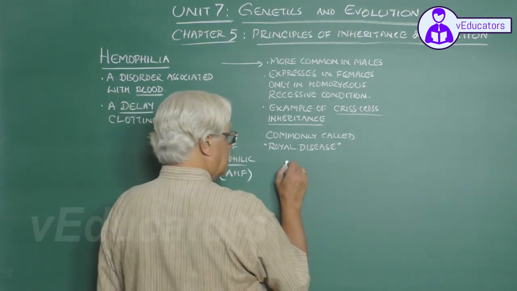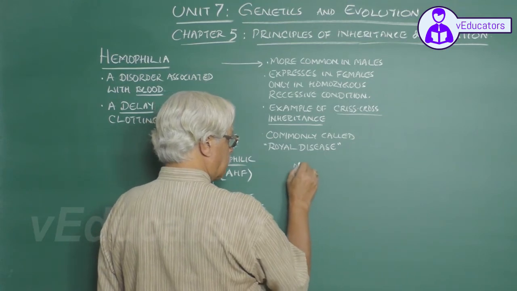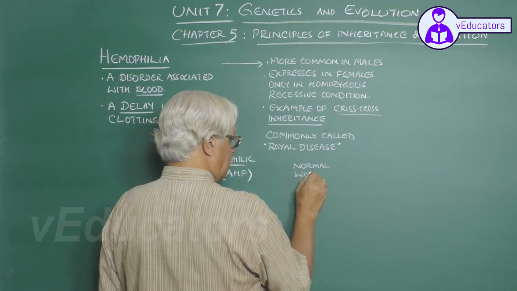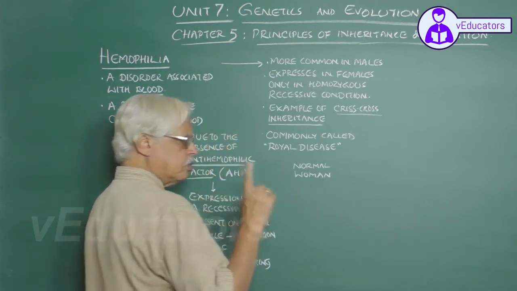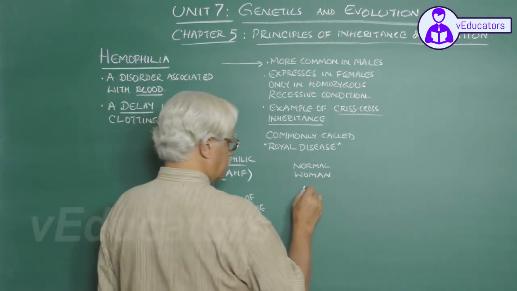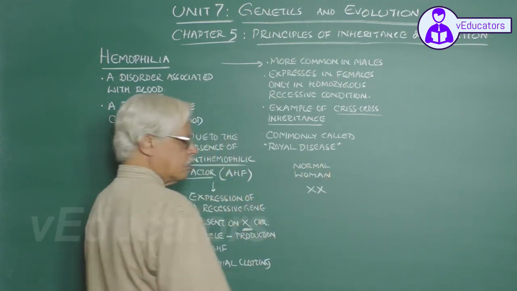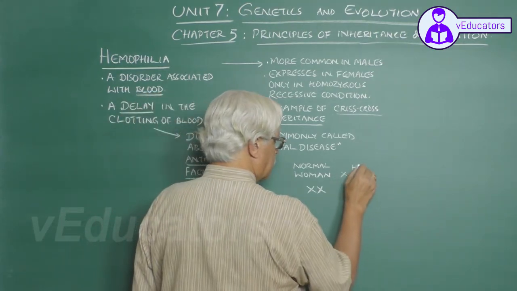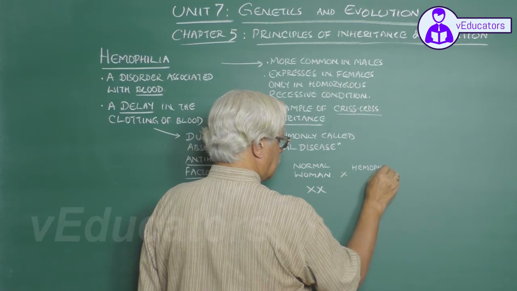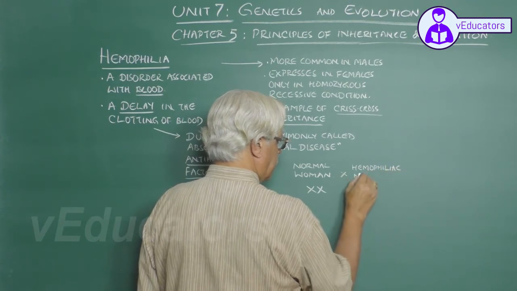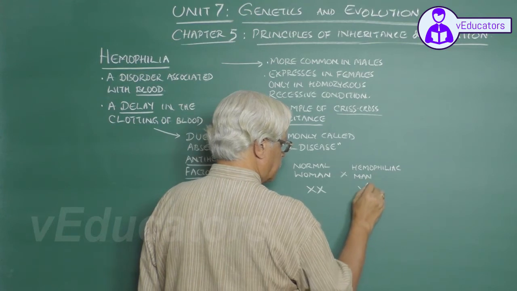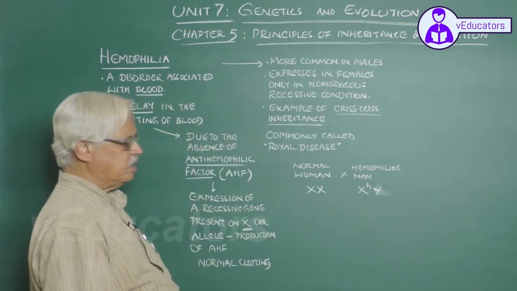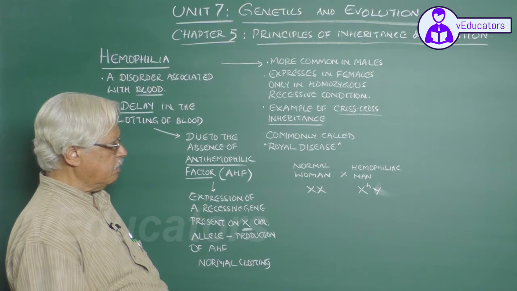Again, let us begin with the situation. A woman with normal clotting of blood, XX, marries a hemophiliac man, XHY, H representing gene responsible for hemophilia.